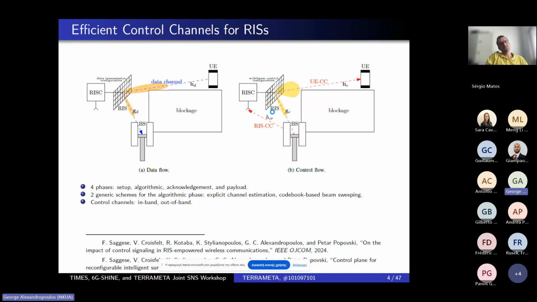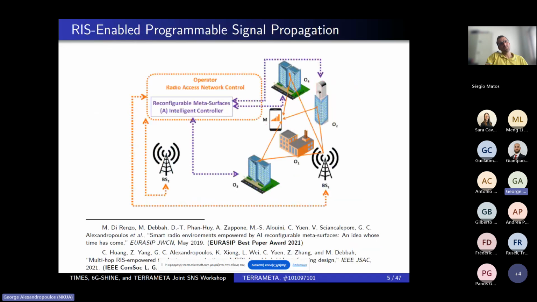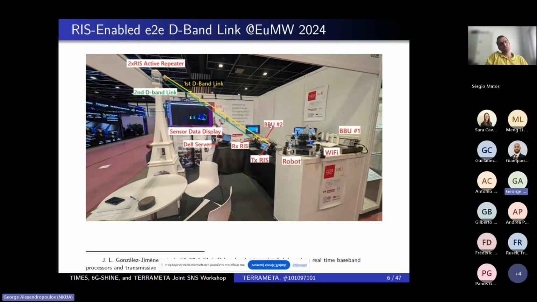So with this RIS, there has been this notion of smart wireless environment, where, as I said before, you need, together with all the other RAN components, to try to orchestrate those metasurfaces to achieve certain objectives. One objective, which has been discussed by Antonio before, is enabling an end-to-end D-band link.